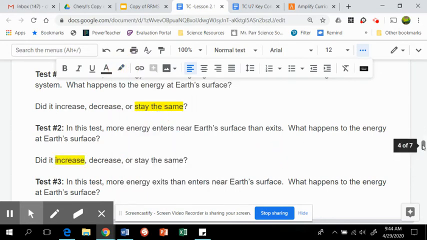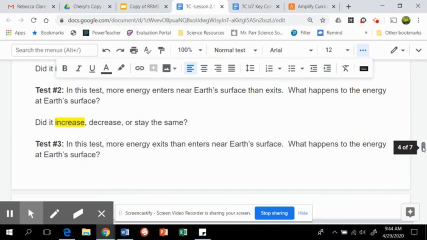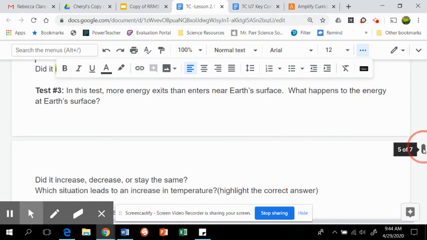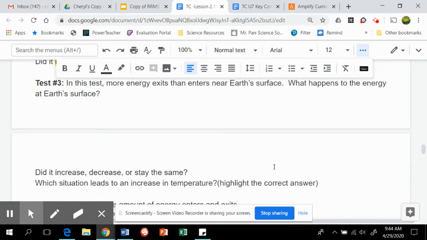Test number 3, we're imagining. In this test, more energy exits than enters near Earth's surface. What happens to the energy at Earth's surface? So for this one, more energy is leaving the Earth system than is being absorbed, so it would therefore decrease.